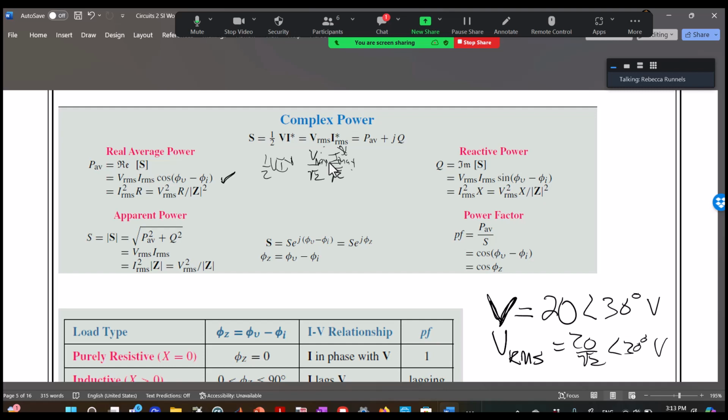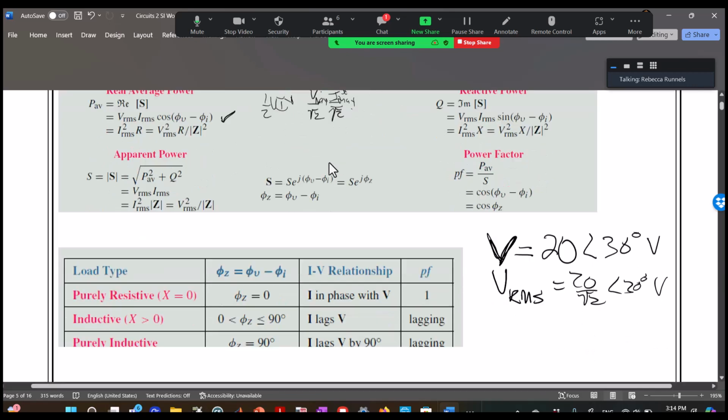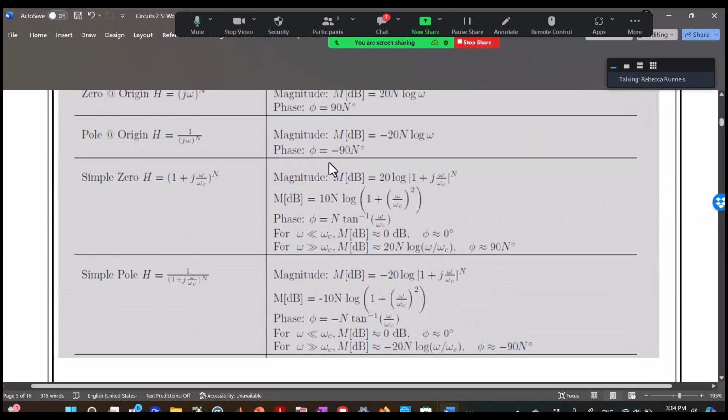But your question was, does it have an angle or not? You get the same answer whether you have the angle or not. It just doesn't give you an angle if you're using one without the angles in it, if that makes any sense. Let me show you on the first problem that I did.